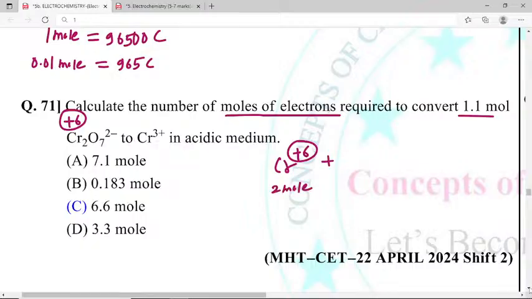And this is how much? 3 electrons gives chromium 3+. So if this is 2 mole, it takes 3 mole electrons. So if this is 1.1 mole, what is your answer?